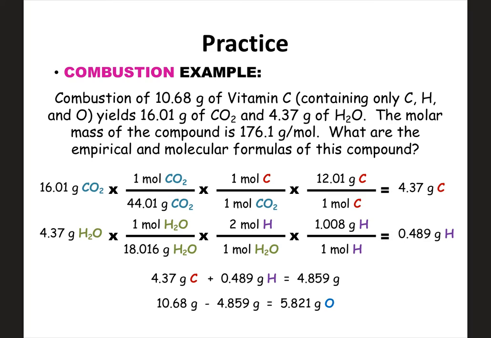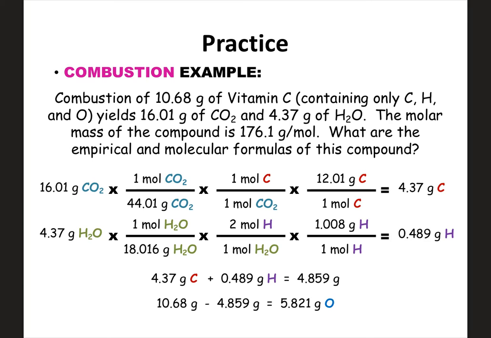So there's 2 moles of hydrogen, all right, H2O. And then for every 1 mole of hydrogen, there's that many grams of hydrogen. So when you do your calculation, only 0.489 grams of hydrogen, okay, is making up 4.37 grams of water. So only this small amount is the hydrogen. The rest would be the oxygen, which we don't care about.